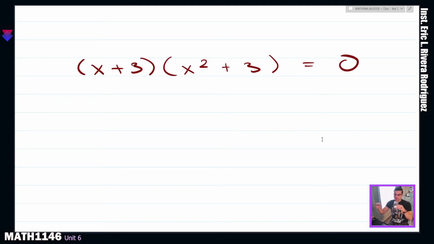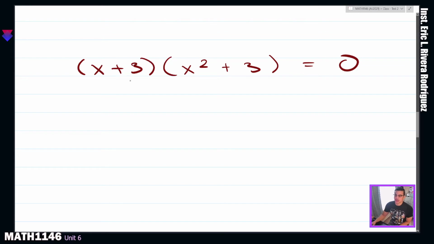Help me to identify or to solve this equation. What are the x values that make this whole equation equal to 0? Do you remember how to do this? Okay, I like that I am seeing 3's, and I like that I'm seeing -3.